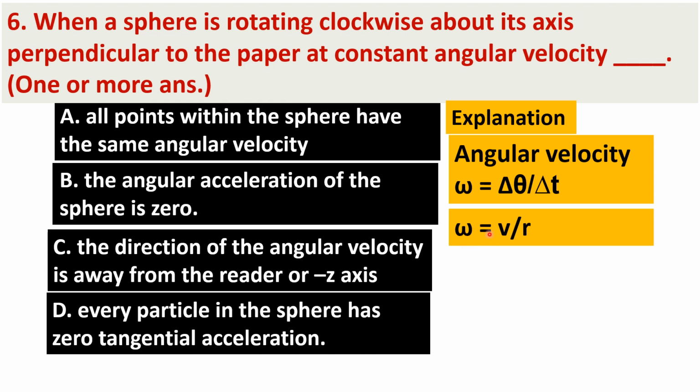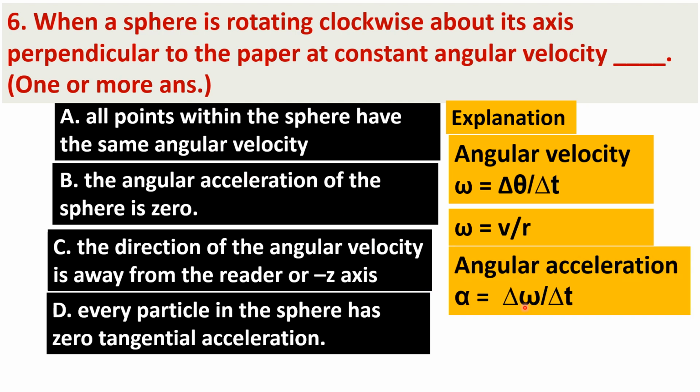It's not hard to imagine that once the sphere starts to rotate, each and every particle in it will also be rotating with the same angular speed or velocity, isn't it? So that means letter A, all points within the sphere have the same angular velocity, we can consider as correct. But we'll have it checked later.